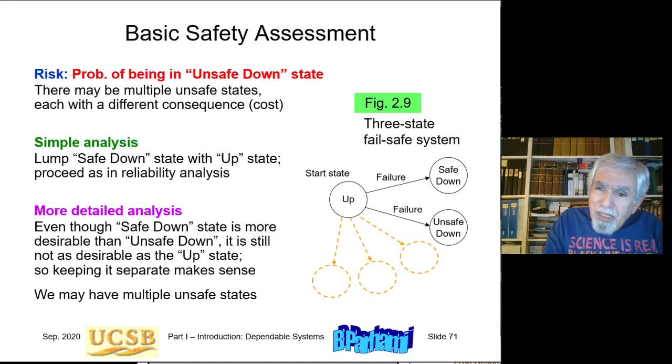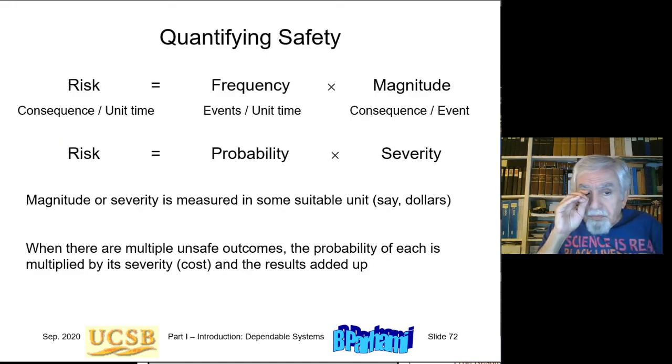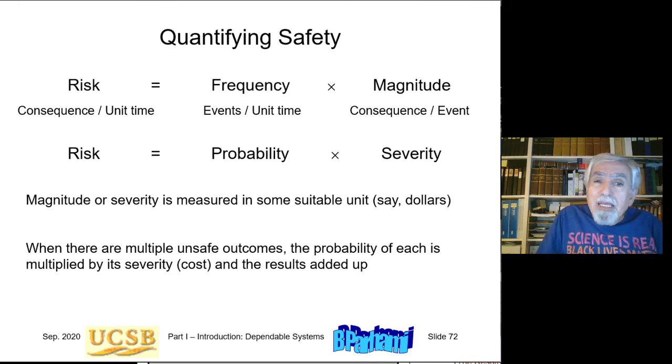Okay, now let's say we have just one unsafe down state. Then risk assessment, of course, is a big discipline. There are courses offered in safety engineering. So I'm going to present a very simplified view of risk assessment.